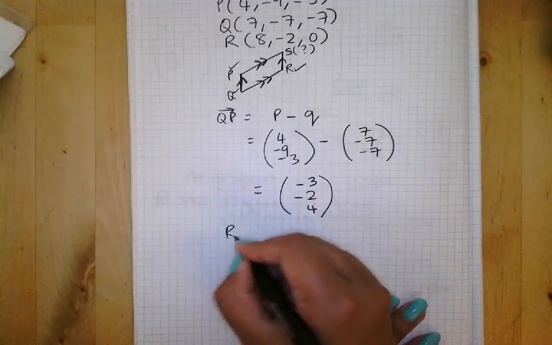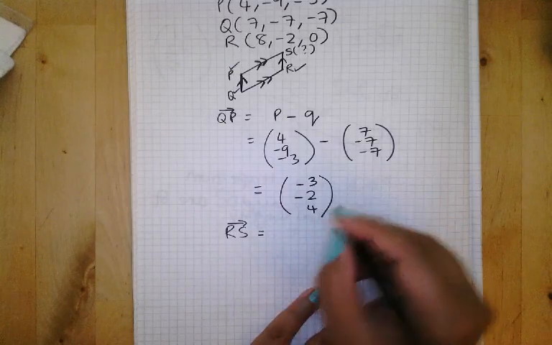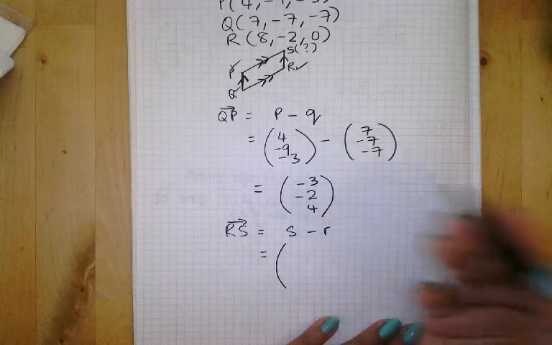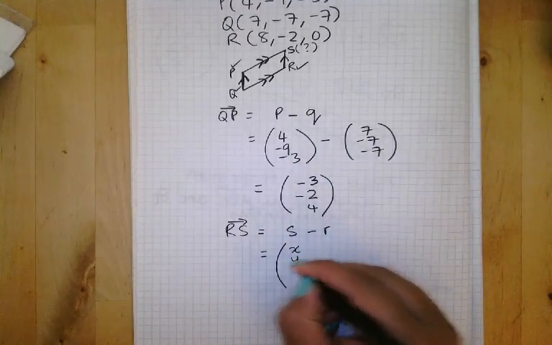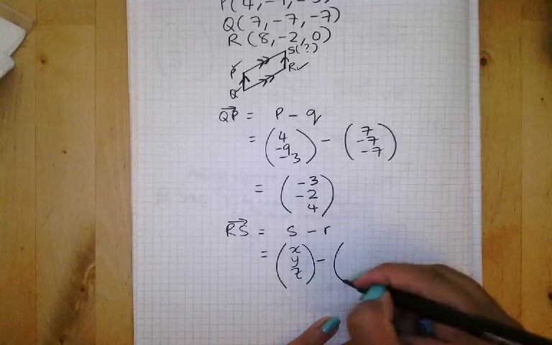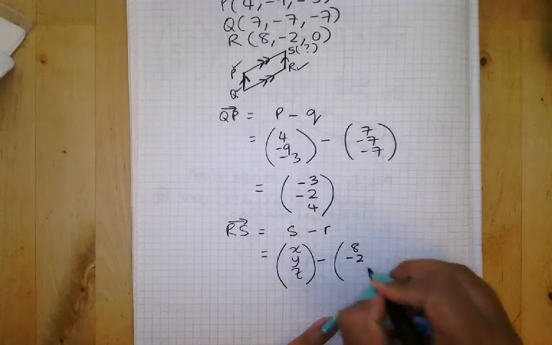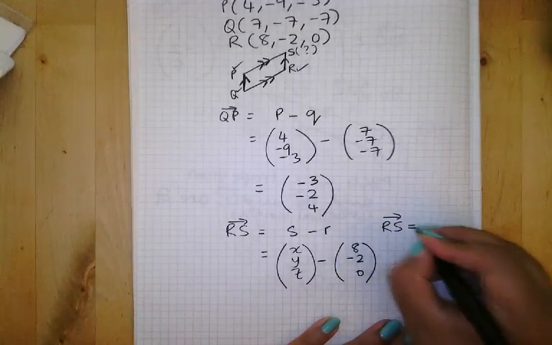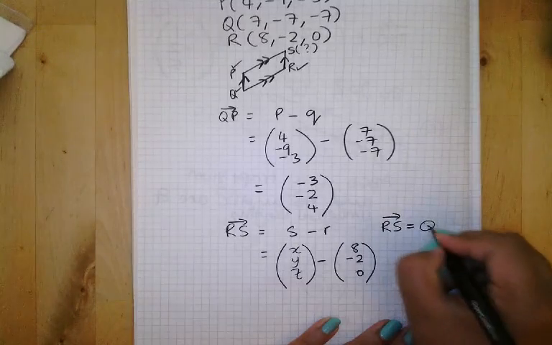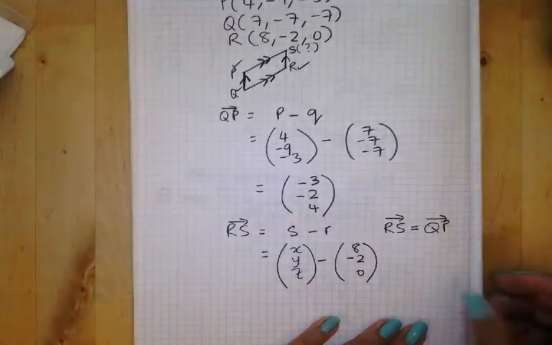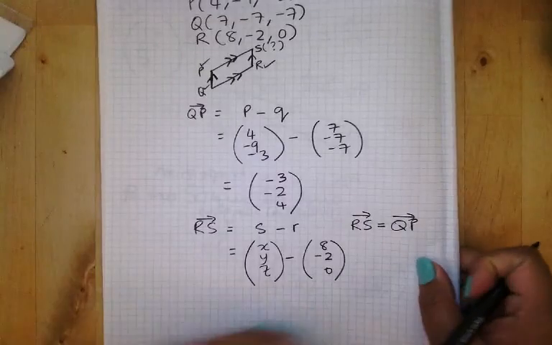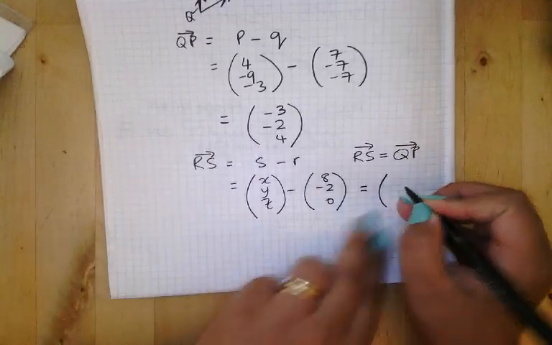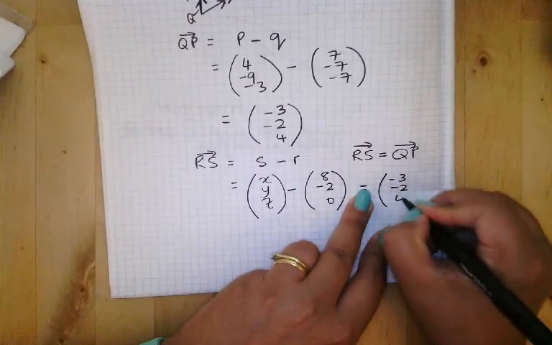So the vector RS is S minus R, and we don't know S, so I'm just going to call it x, y, z, minus R, which we do know is 8, -2 and 0, and we know that RS is exactly the same as QP vector, because both the size and the direction are exactly the same. So this is equal to -3, -2 and 4.